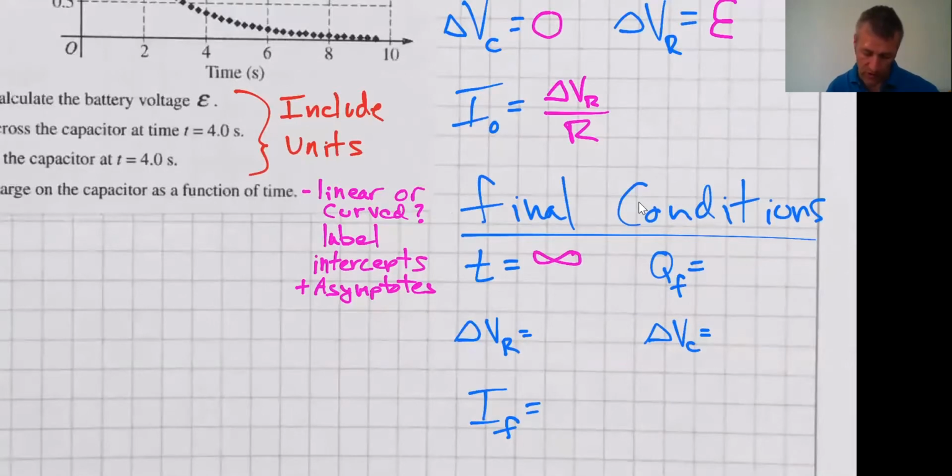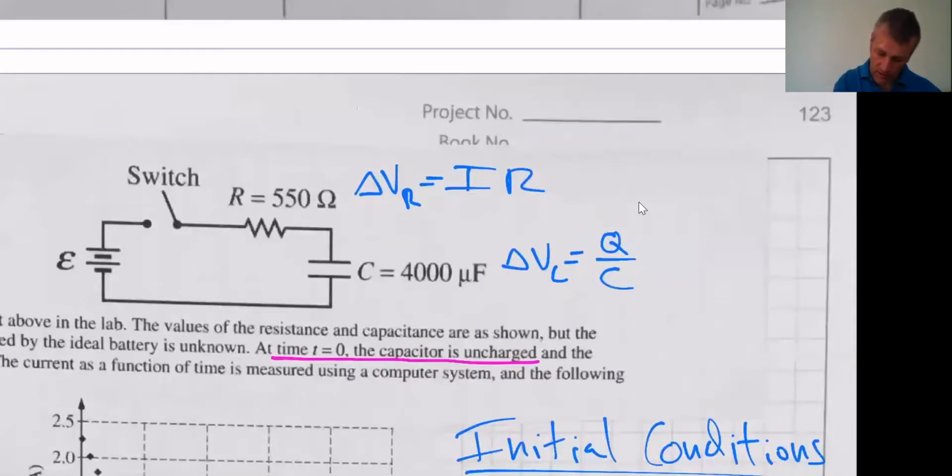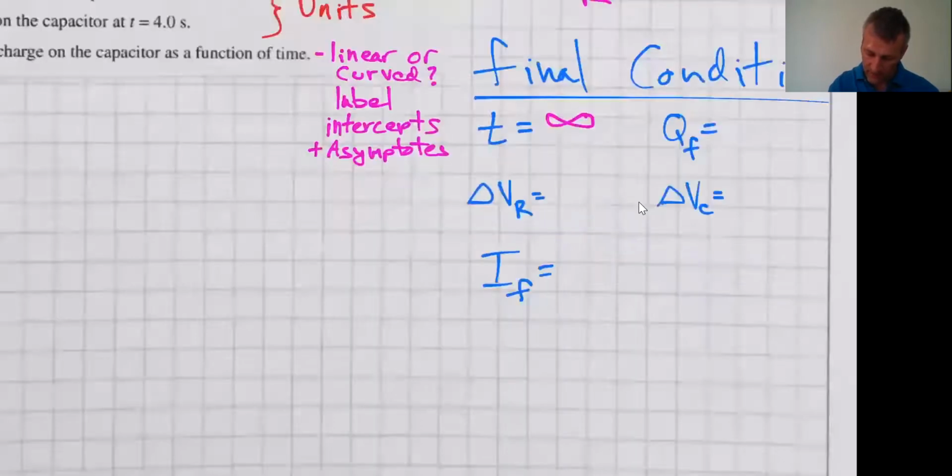The final charge on the capacitor, all of the voltage from the battery is going to be across the capacitor at the end. And so Q was, we rearranged this equation here for Q, we get voltage times capacitance.